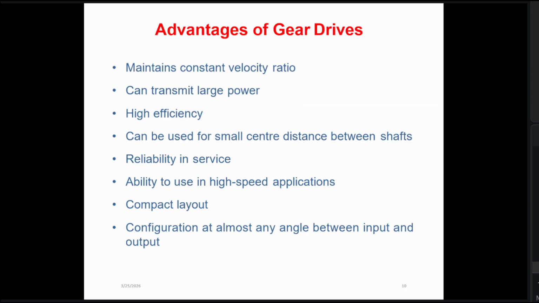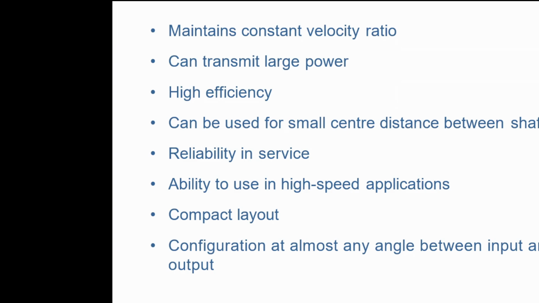That is quite high. They can be used for small center distance between shafts, and service is reliable with constant velocity ratios and with high strength. So we can say that gears are reliable compared to belts. I'm comparing these gears with belts because you only know about belts at the moment, right?